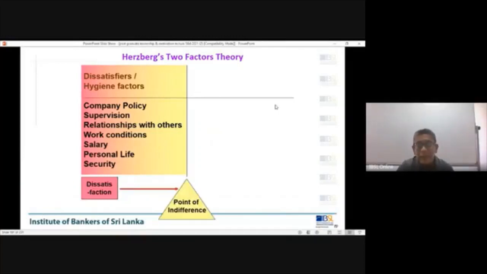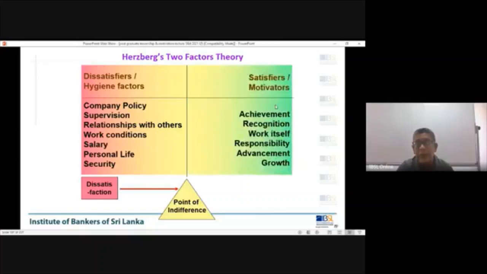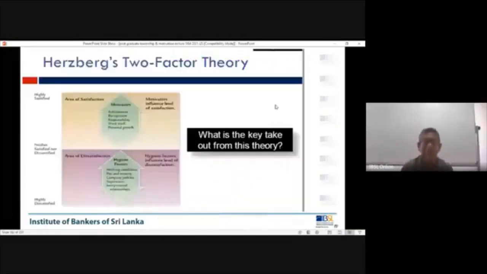Then you try to give motivating factors, right? So that is the Herzberg two-factor theory story. First, you need to remove all these dissatisfied factors. Then you give these satisfied factors.